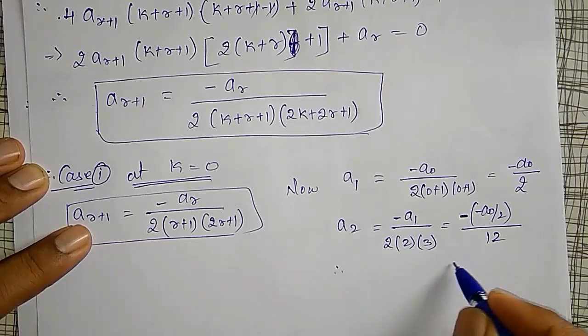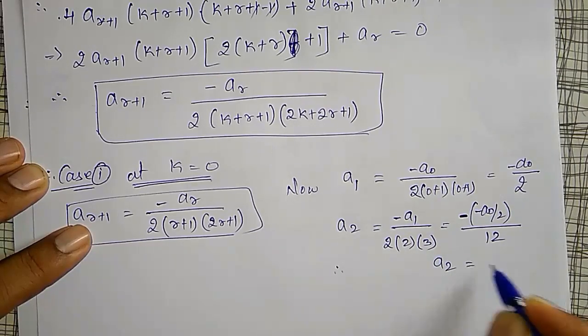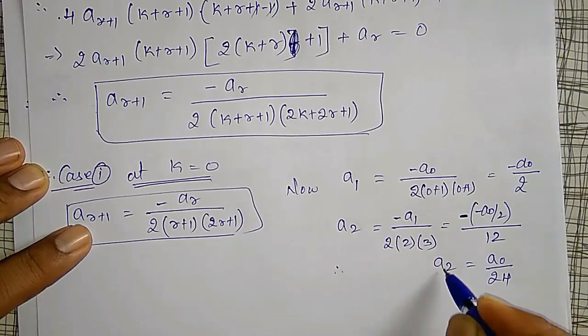Therefore a2 is equal to a0 divided by 24.